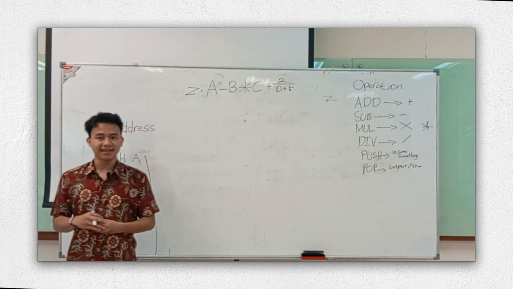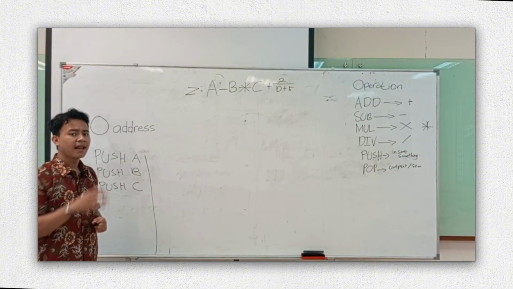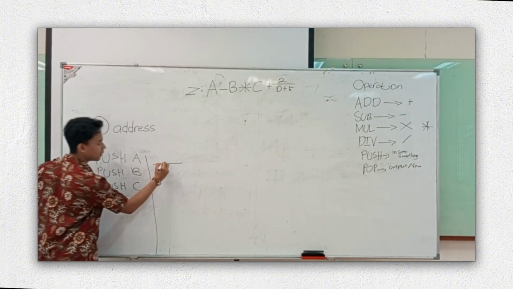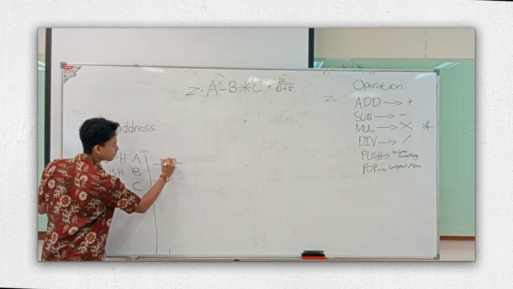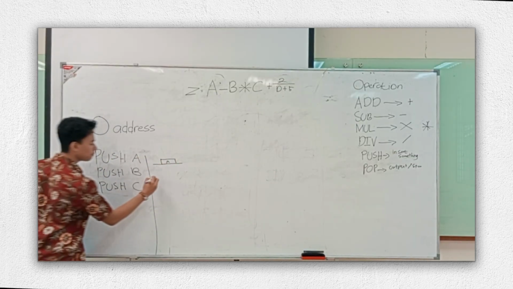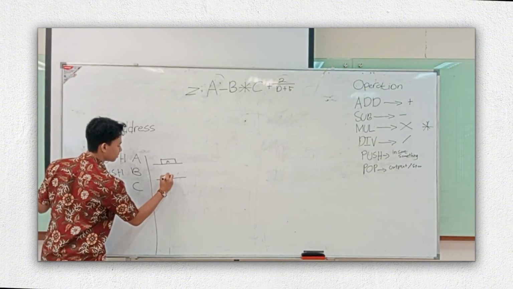To make it clear, let's use a graphical explanation of stacking. We push A, which will be the first level, and then we push B, which is going to be on the second level.